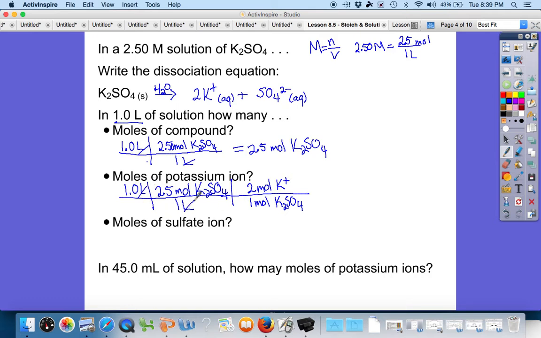So we can cancel out liters and we can cancel out moles of potassium sulfate. So essentially we need to take 2.5 and multiply it by 2, which is going to give us 5 moles of our potassium ion.